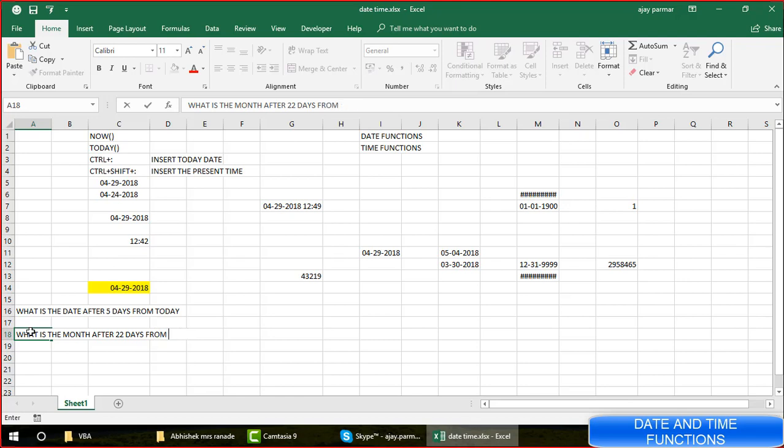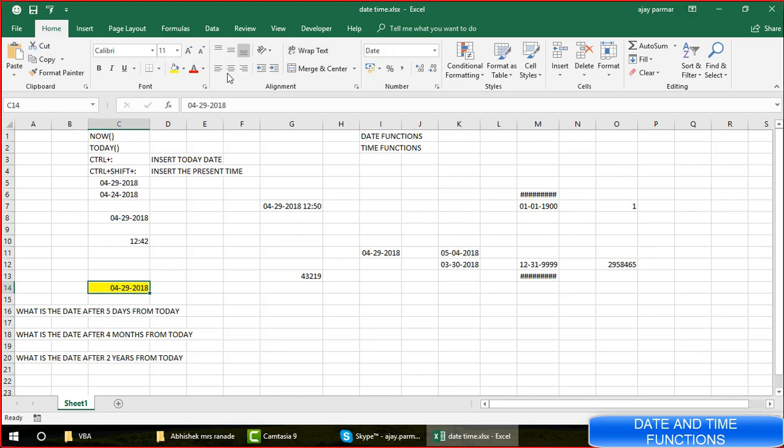Or maybe we can say, what is the date after 4 months from now? You want to check from today. And then what is the date after 2 years from now? From today, or any date, doesn't matter, right? This is your date. This is going to be our base for this exercise.